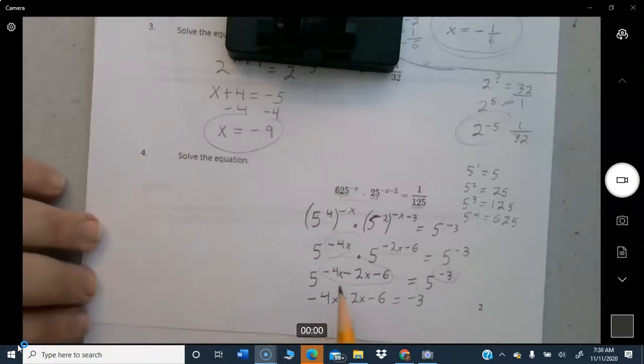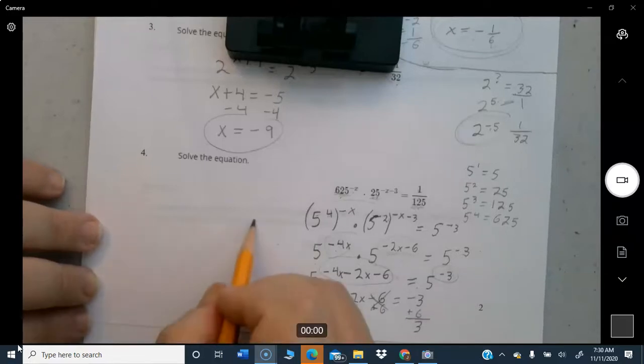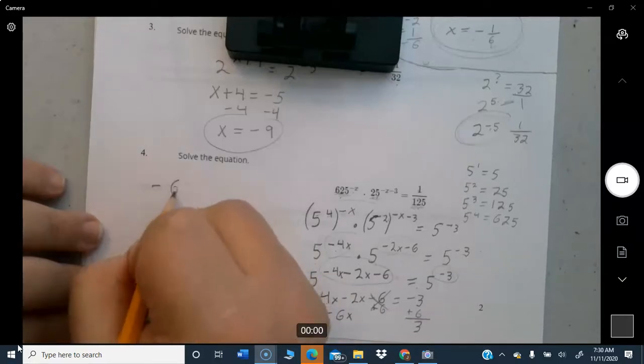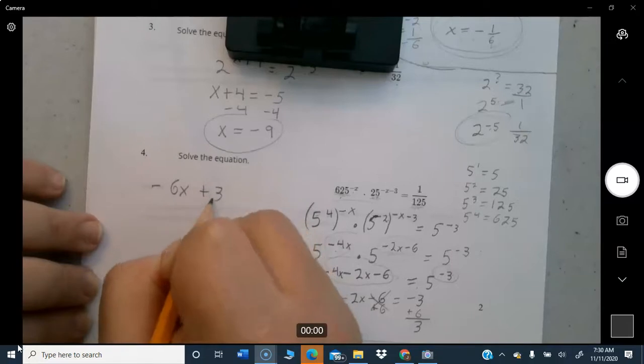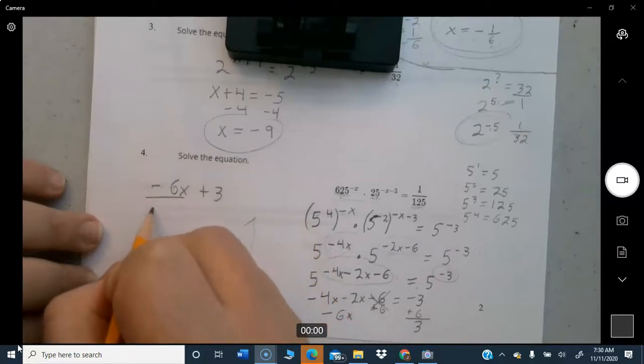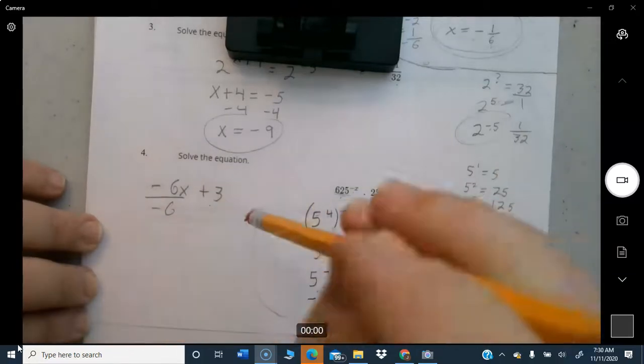So negative 4x minus 2x is negative 6x. And you're going to add 6 to both sides. That goes away, and you end up with positive 3 over here. I'll just bring the answer up here. So it's negative 6x plus 3. Divide both sides by negative 6.